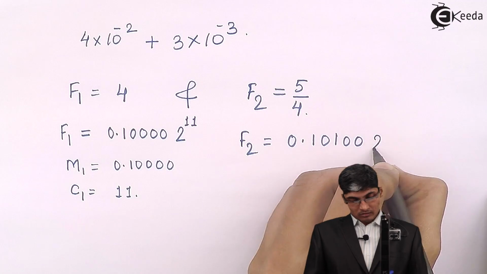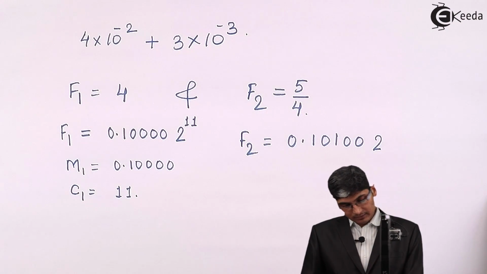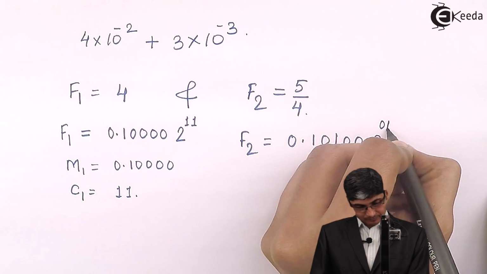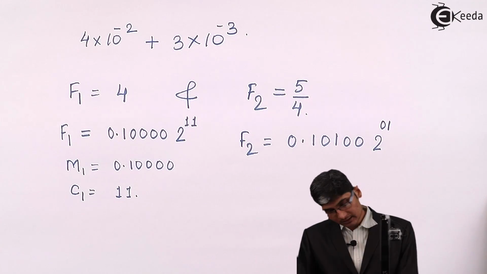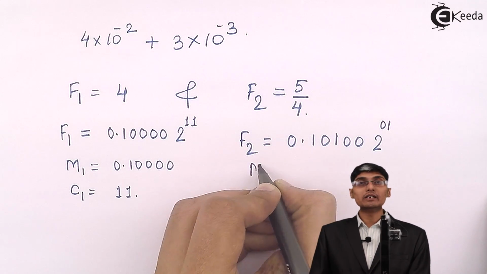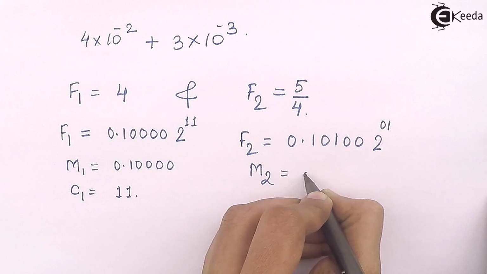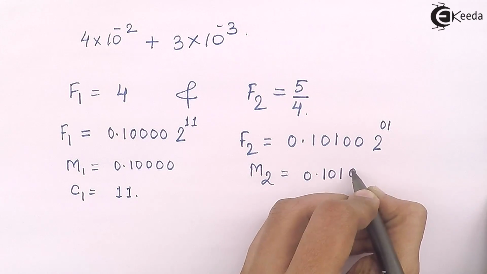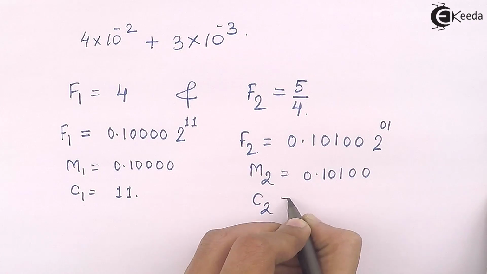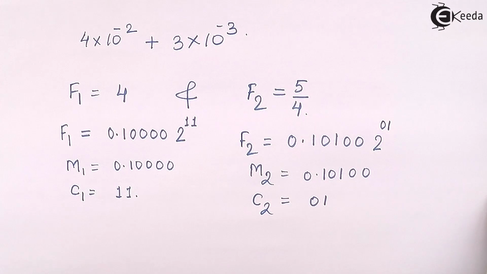The mantissa is 0.10100 and the characteristic is 0, 1. So here my mantissa m2 is 0.10100 and the characteristic c2 is 0, 1.